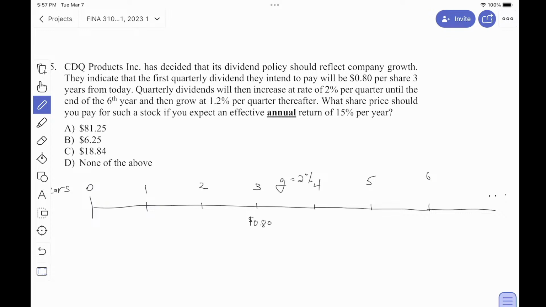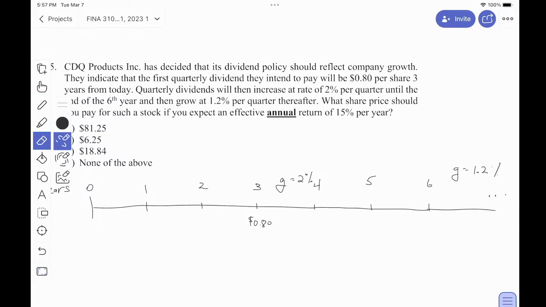So at the 6th year, it begins to grow at 1.2%. And forever. Okay, so this company is not going to fold. This is going to exist forever. That's the assumption. And we're going to use those approximate growth rates to estimate the value of stock, the value of a share.